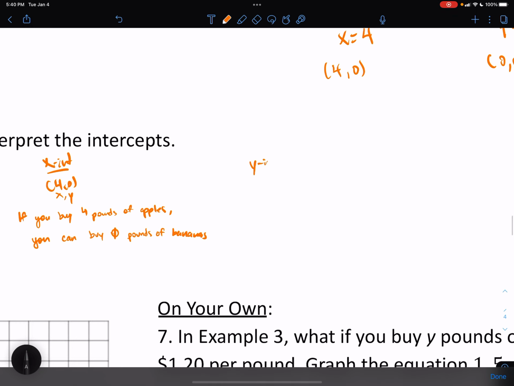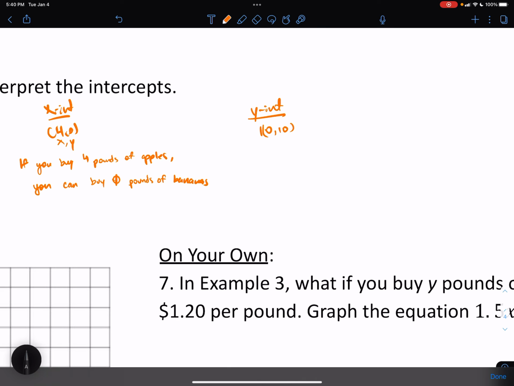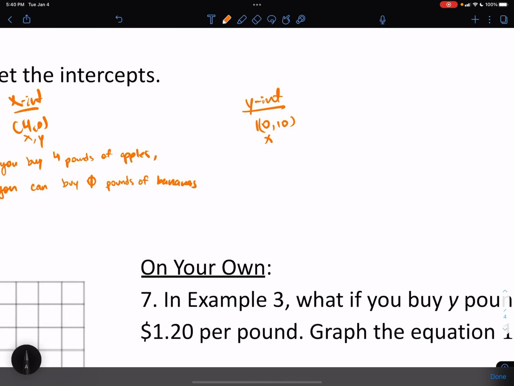So that's how you interpret your x-intercept. Now let's do my y-intercept. That's (0, 10). We figured that out up here. So once again, this is where you use your units. X is pounds of apples, y is pounds of bananas.